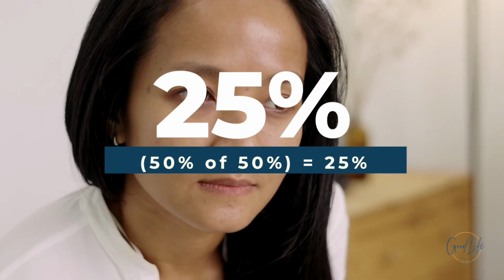So if we're talking about, let's just use a large number to make the math easy, if the service member was getting $10,000 a month from their pension, then the non-service member spouse in that instance would be entitled to $2,500 of that pension, 25%.